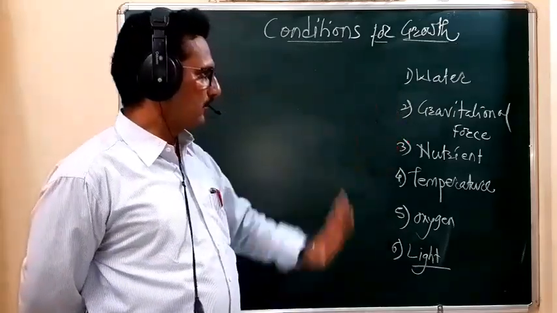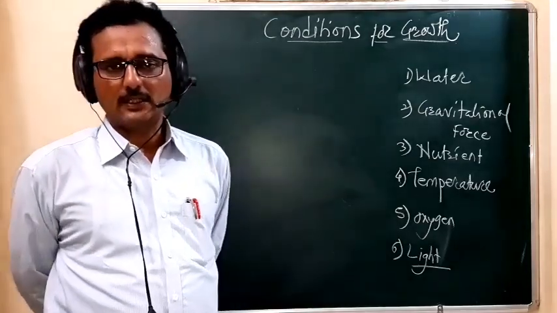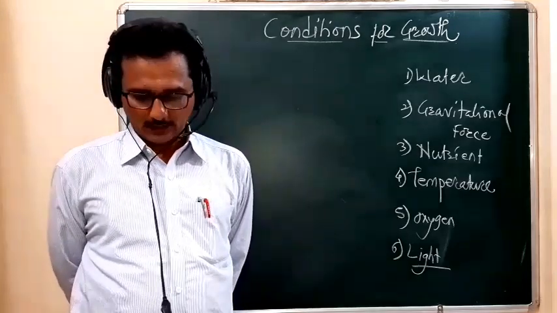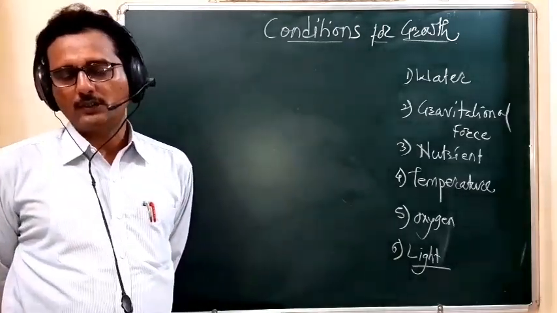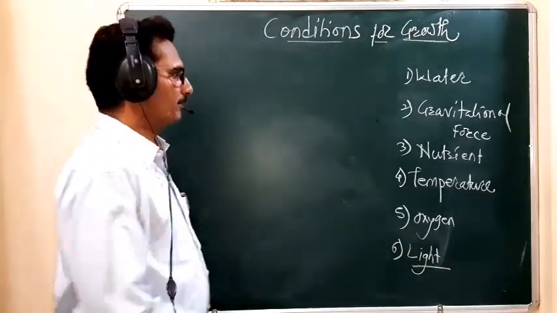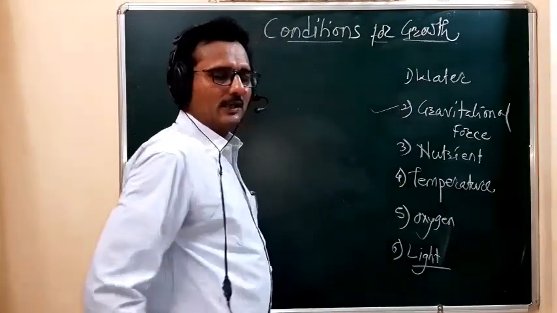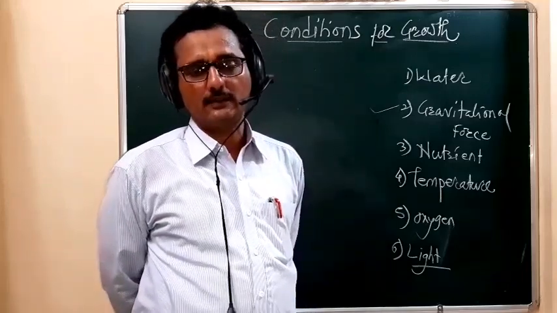Then the gravitational force. This gravitational force decides the growth of the shoot and the root. It decides the direction of growth of the shoot and the root. Because of this gravitational force, the growth of the shoot apex and the root is decided.